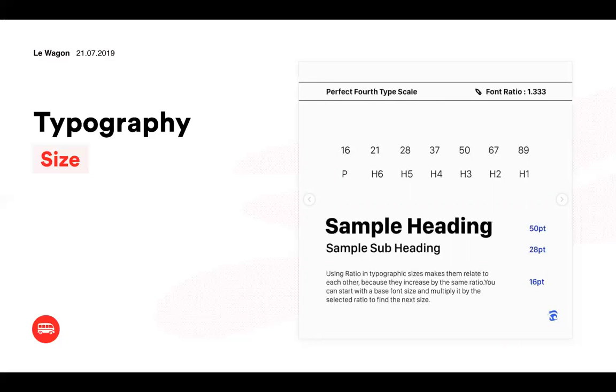Then you decide your H6, H5, H4, H3, H2, and H1. Of course, you don't need to have all these H options for your project. Maybe 3 headings would be more than enough. So look at this example: the sample heading, the sample subheading, and the P look very harmonic. It's not a random choice anymore of what font size you're going to apply.